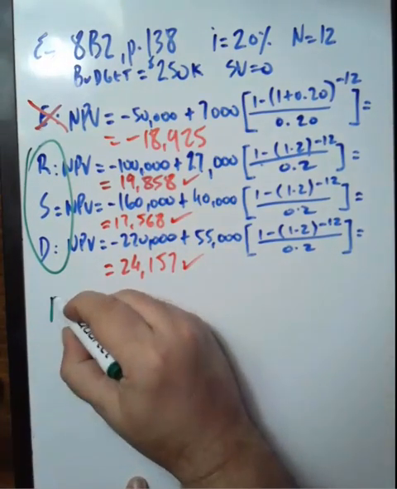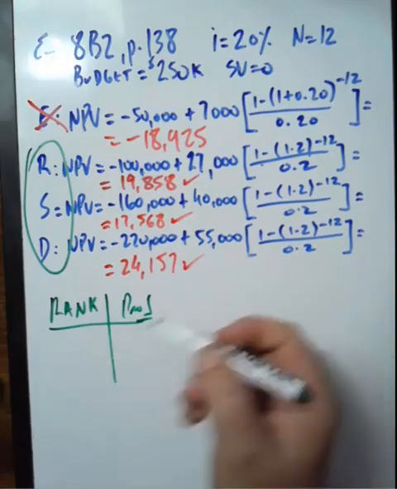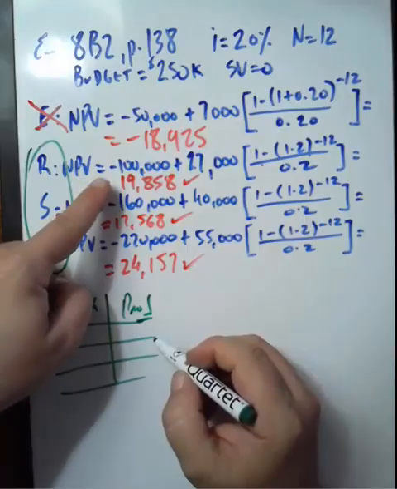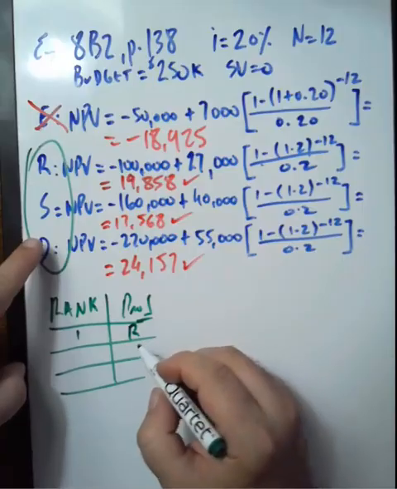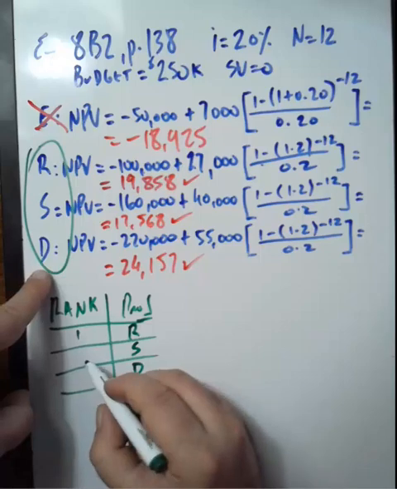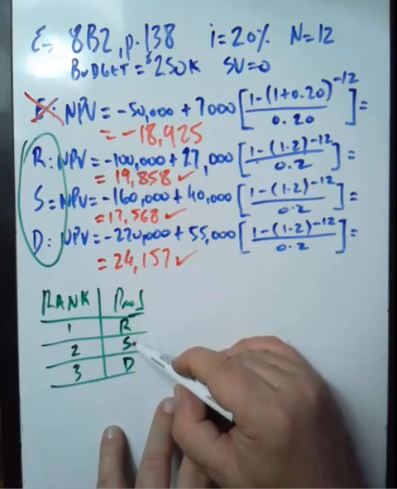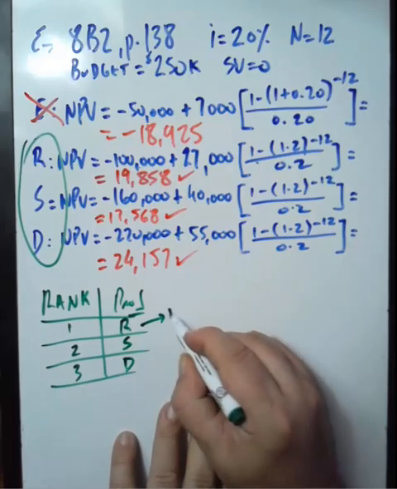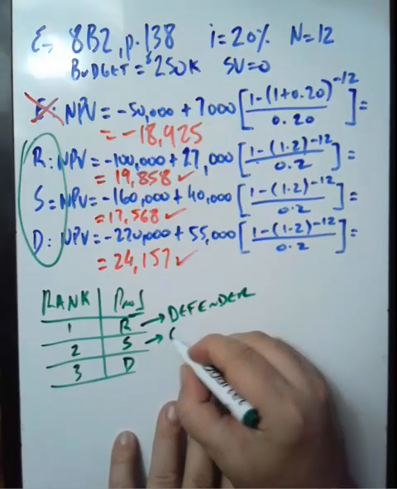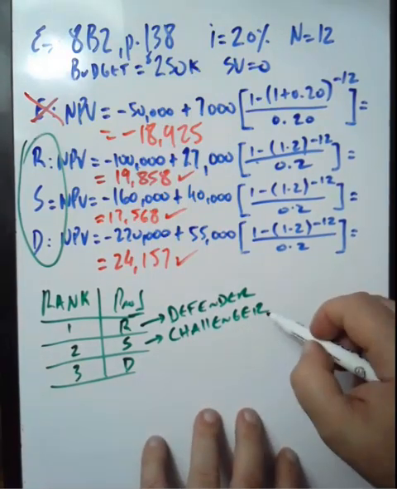The next step is to rank them from the cheapest option to the most expensive option. So there's just 3 of them. The cheapest one is project R, the second one is project S, and the third, the most expensive, is D. Now we're going to start the defender-challenger approach by comparing project R to project S, where R is going to be the defender because it is the cheapest, and S is going to be the challenger because it's the next least expensive.